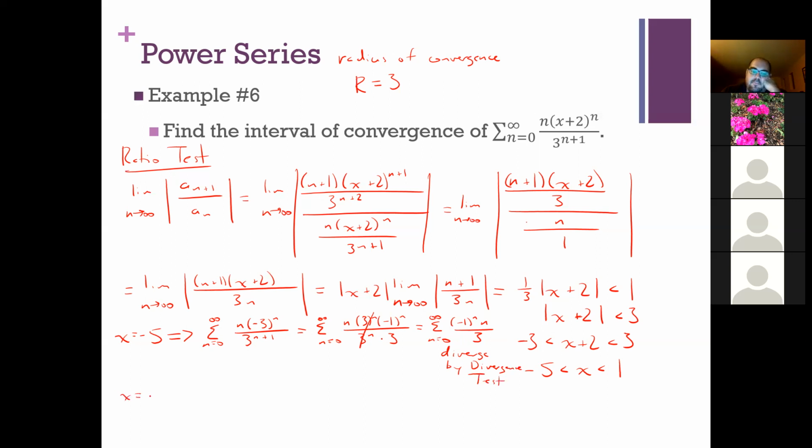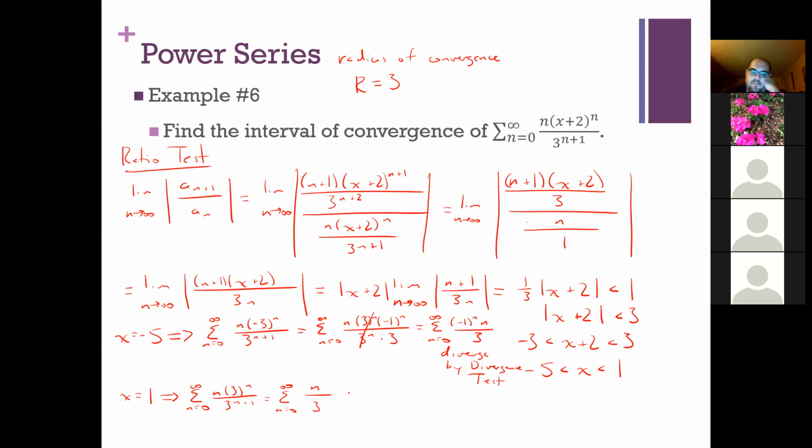What about +1? So I have n times 3 to the n over 3 to the n plus 1. And what's going to cancel this time? I'm going to have n over 3.